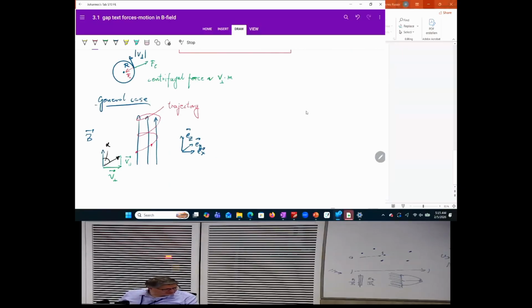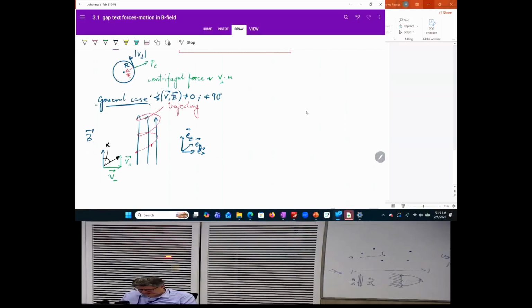This would be the general case where you have an angle between the velocity and the B field which is neither 0 degrees nor 90 degrees, because that would be the angle alpha that I entered here.